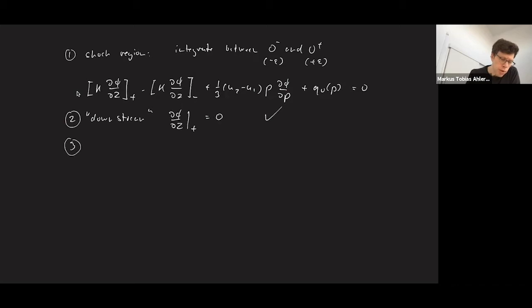And now in the upstream region, we have the following condition. In the upstream region, we do not have to take care of the jump condition at the shock. So this is the region that extends from minus infinity to minus 0, so just below the shock.